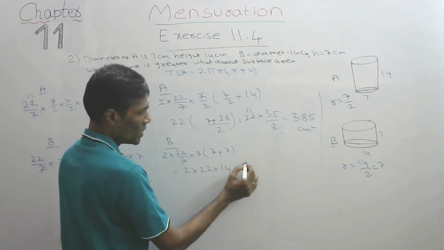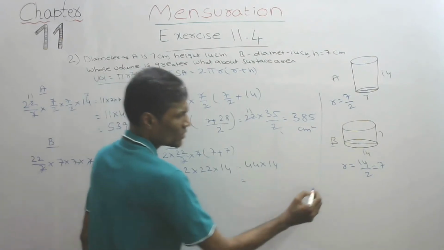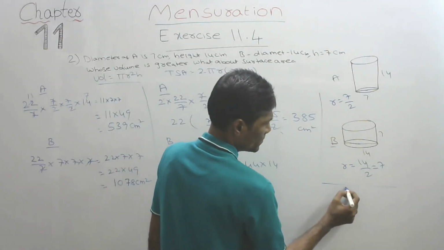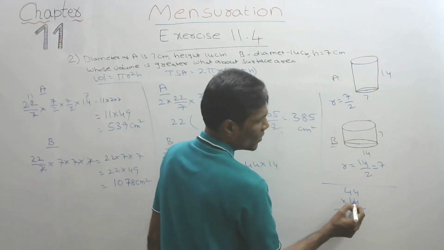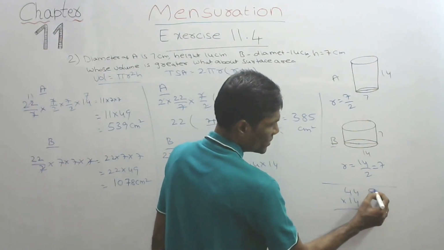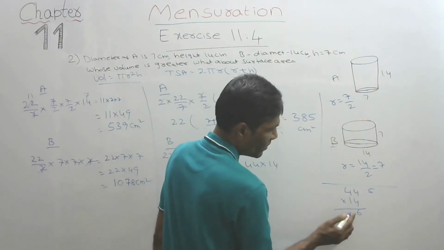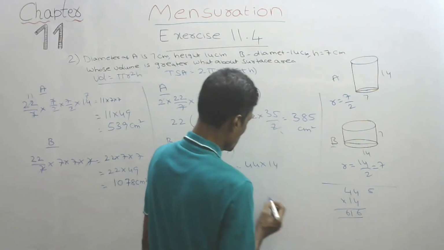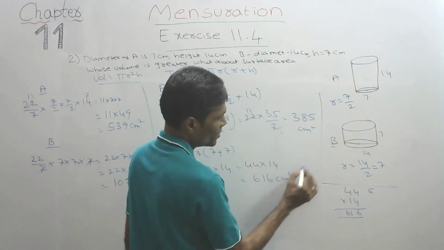So 2 22s are 44 into 14. Let us do this, 44 into 14. 14 fours are 56, 56 plus 5, 61. So this is 616 centimeter square.